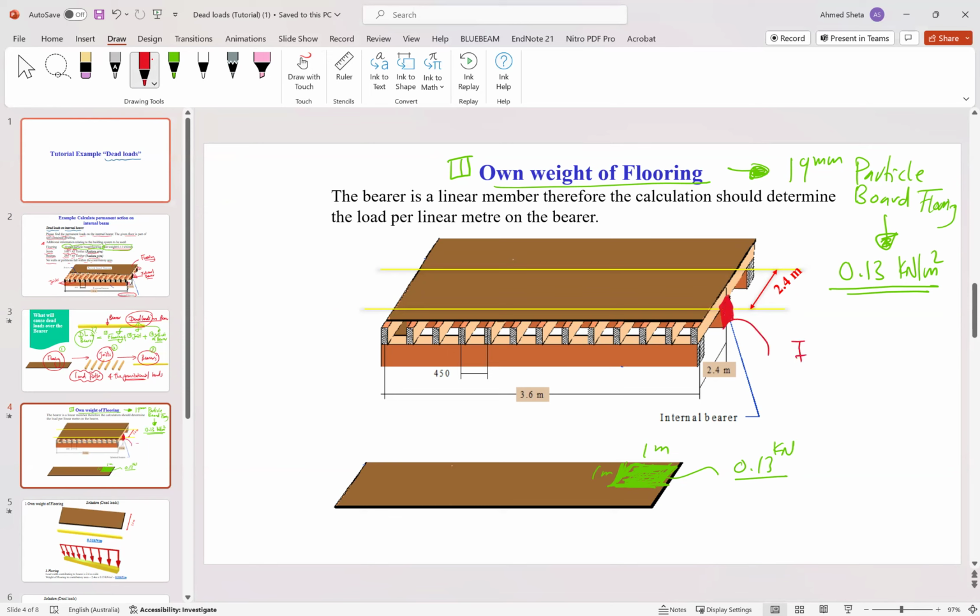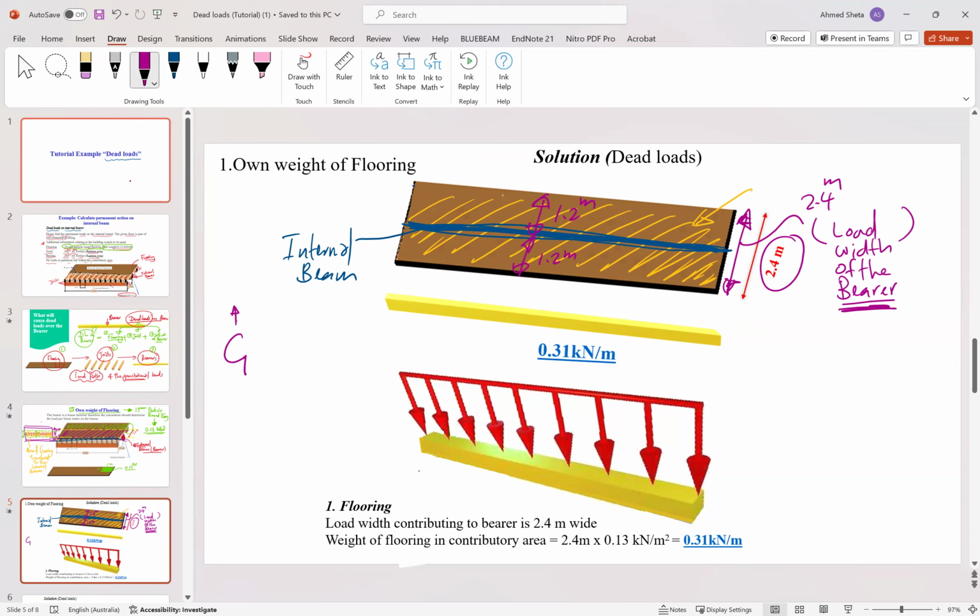So now we can easily find the weight of the bearer. So we can give it a symbol G. So G is indication of dead load. So dead load of flooring to the bearer will be equal to the own weight of flooring times the load width.